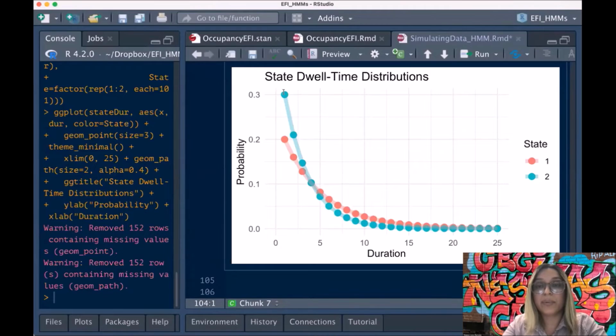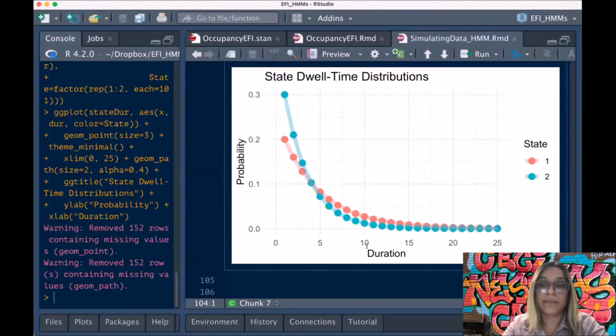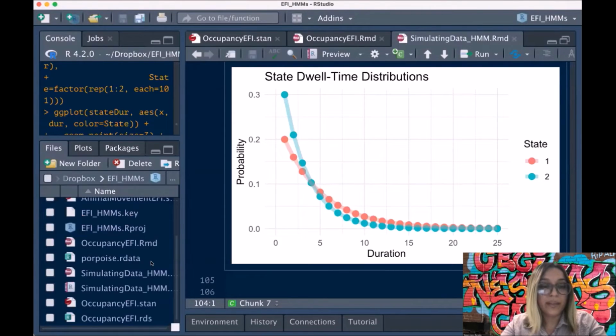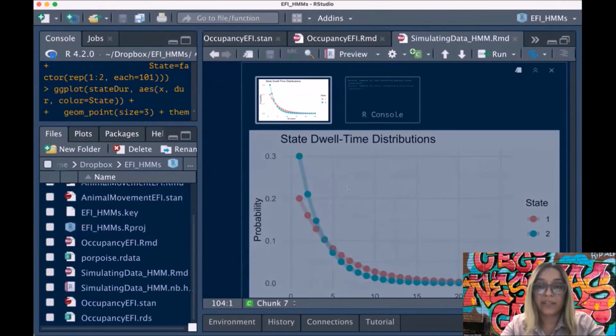So with probability 0.3, we'll spend one time point in state 2 before switching, and so on. So these are geometrically distributed state dwell time distributions. So that is just how you simulate data from the hidden Markov model, some of the key aspects.